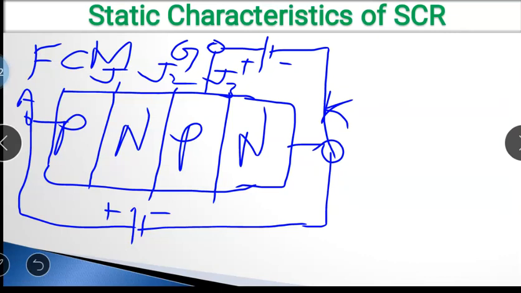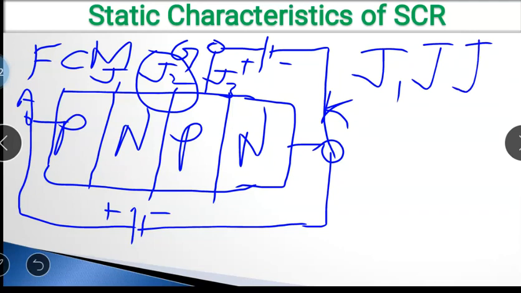So junction J2 goes into forward bias. In that case, junctions J1, J2 and J3 are all in forward bias condition. So there is easy flow of current from anode to cathode.